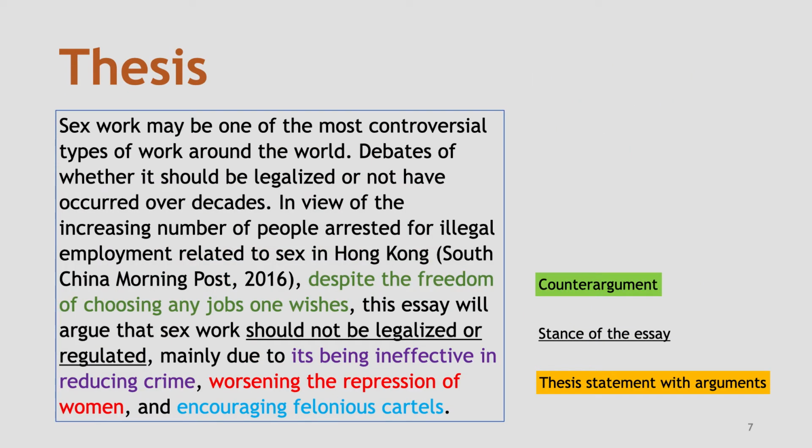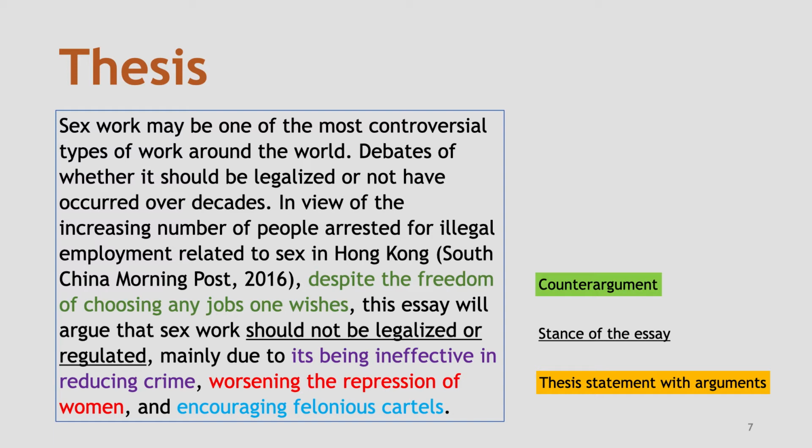What you can see on this slide is the introduction paragraph of an effective argument essay. So let me quickly read it with you. Here it is. Sex work may be one of the most controversial types of work around the world. Debates of whether it should be legalized or not have occurred over decades.